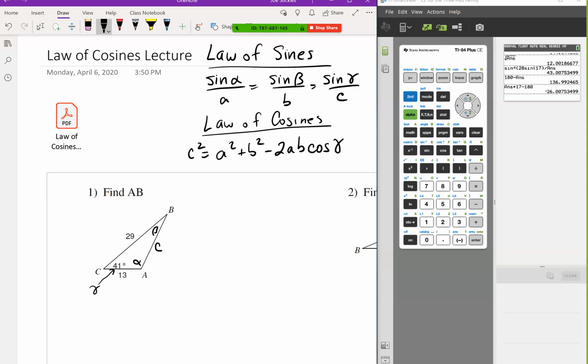So the equivalent would be A squared is equal to B squared plus C squared minus 2BC cosine of alpha. Notice that here we had the C going with the gamma, and here we have the A going with the alpha. You can do the same thing with the B and the beta as well. The whole point of this is that it works for any of the sides.